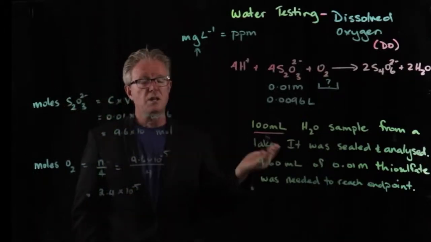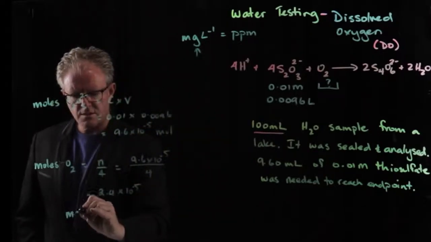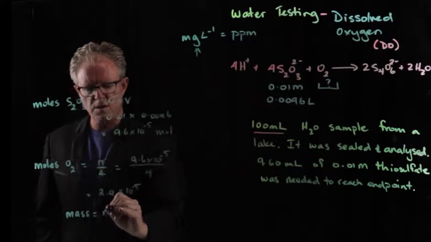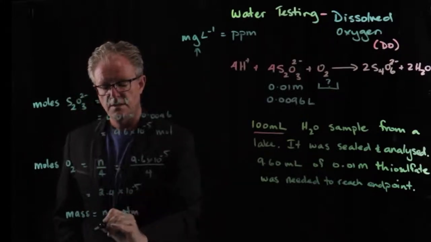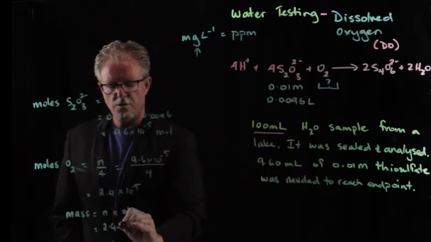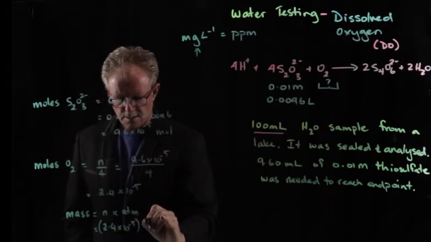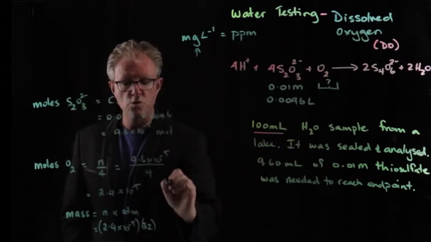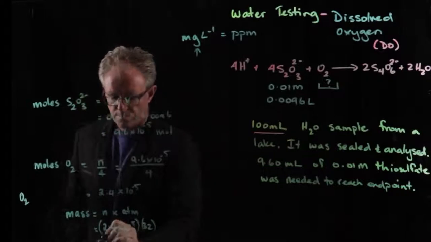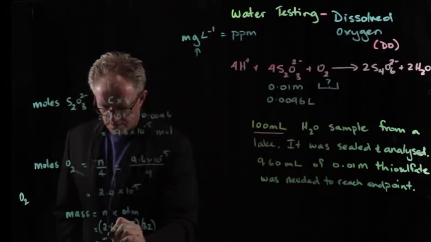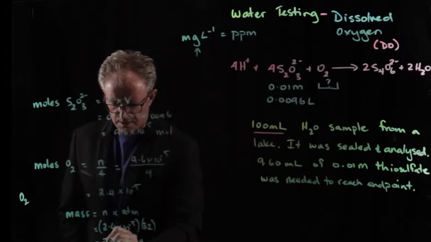Now that we've done that, we can convert it to a mass. So the mass of oxygen is equal to the number of moles times its relative molecular mass. So we've got 2.4 times 10 to the minus 5 times the mass. Now remember it's O2, so 2 times 16 is 32. And so we're saying we've got 7.7 times 10 to the minus 4 grams.